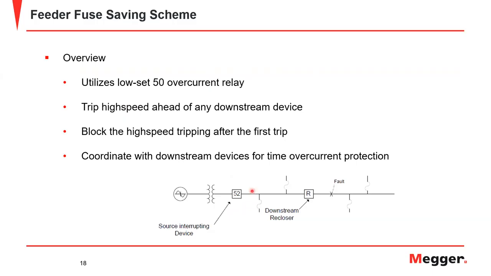Now this maximum expected load needs to include any kind of emergency or contingency considerations. Almost every distribution feeder out here has the ability to be tied to an adjacent feeder, either for maintenance or if you have a problem and they need to pick up load and spread it around. So you have to look at the total maximum expected load under any circumstances and then set it a little higher, about 120 to 150%.